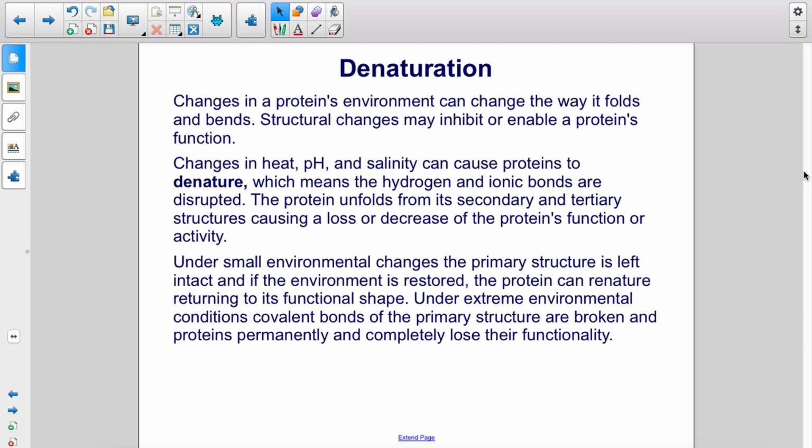Under small environmental changes, the primary structure is left intact, and if the environment is restored, the protein can renature, returning to its functional shape. Under extreme environmental conditions, covalent bonds of the primary structure are broken and proteins permanently and completely lose their functionality.